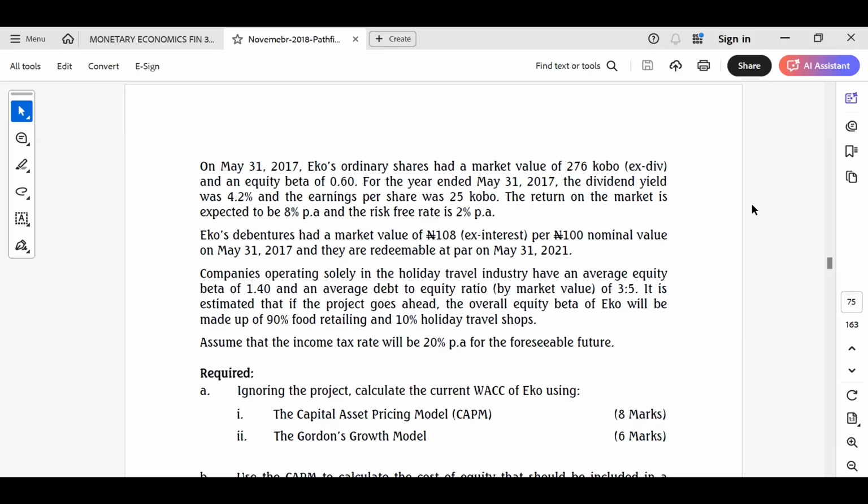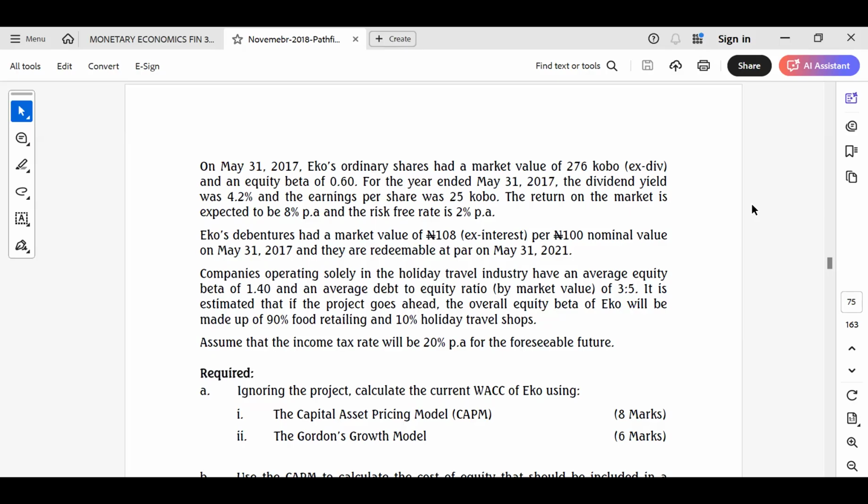Although they don't even need to say ignore the project. Once they say calculate the current WACC, it is different from a WACC that is specific to the project, because the new project has not started. Whatever they have still follows the normal thing they have been doing.